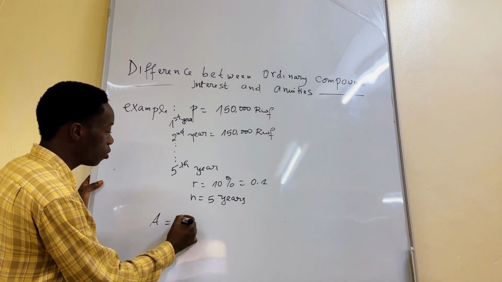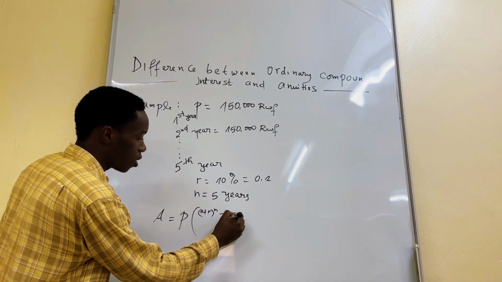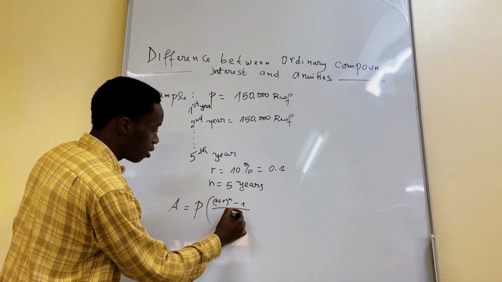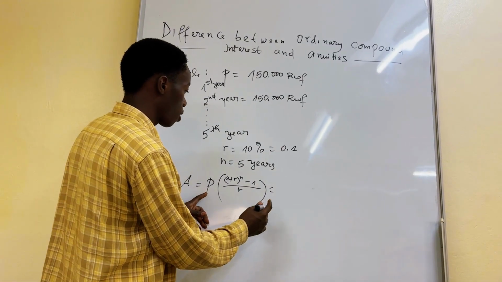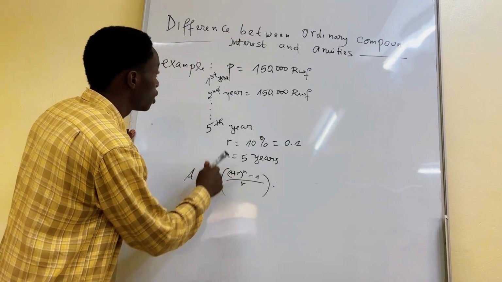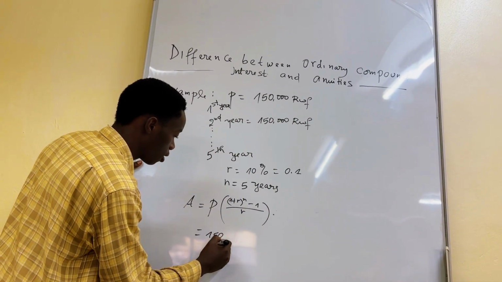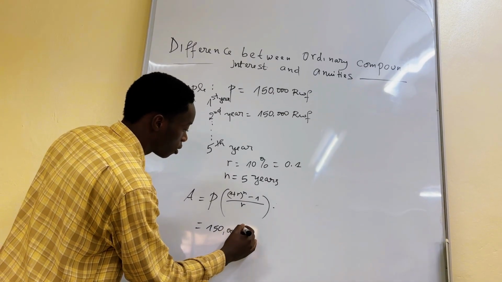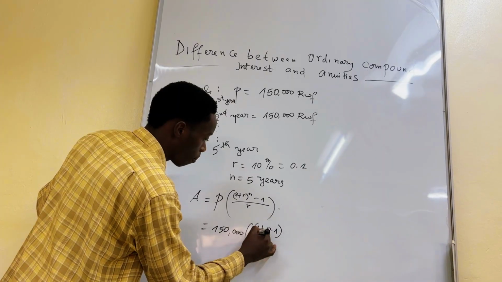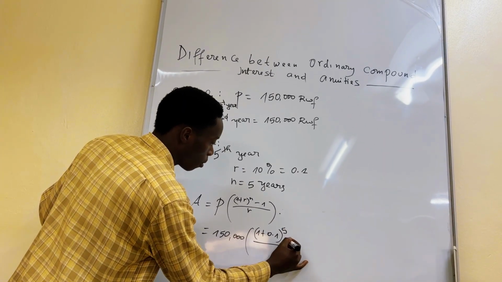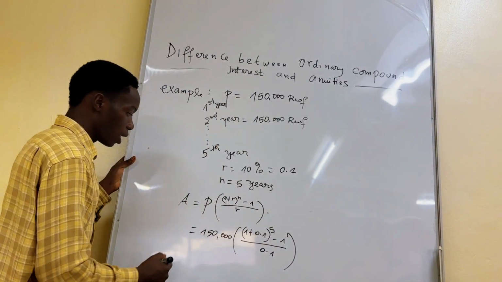So A will be equal to P times ((1 plus R) power N minus 1) over R, which is 150,000 times ((1 plus 0.1) power 5 minus 1) over 0.1.